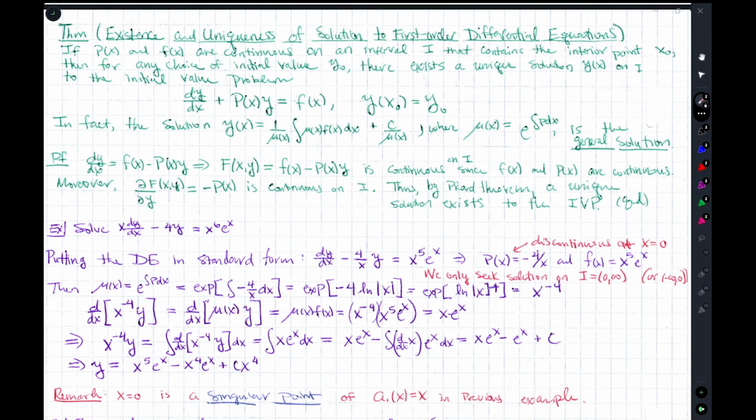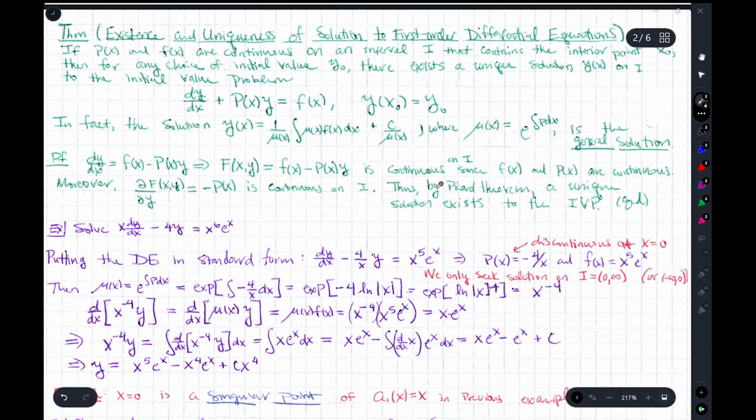Okay? And the proof here: if we put this differential equation in normal form, the right-hand side we call capital F of x, y, then that's continuous. It's continuous because f is continuous and p of x is continuous. So it's continuous in x and y, because remember, we're using the existence and uniqueness theorem that we've discussed before, a variant of which is called the Picard theorem, the Picard-Lindelöf theorem.